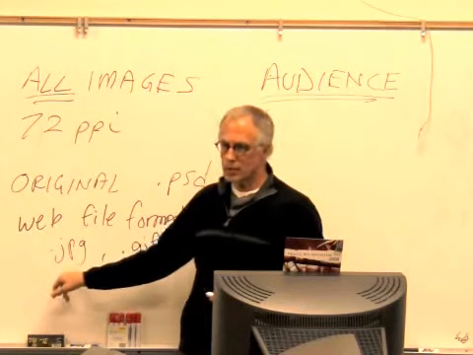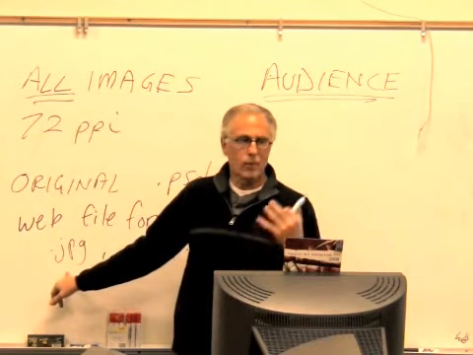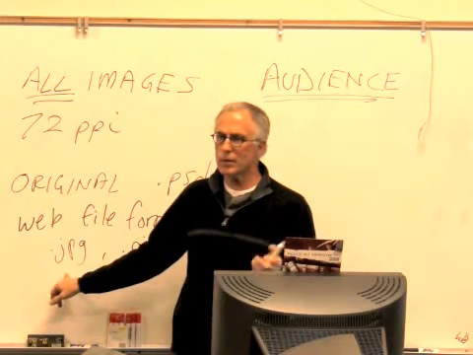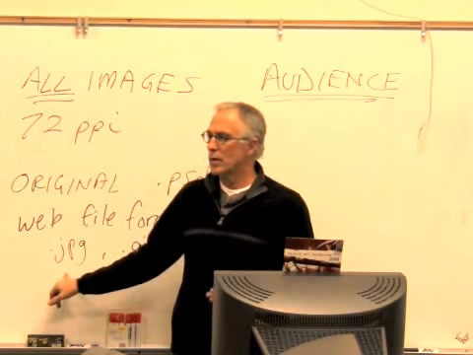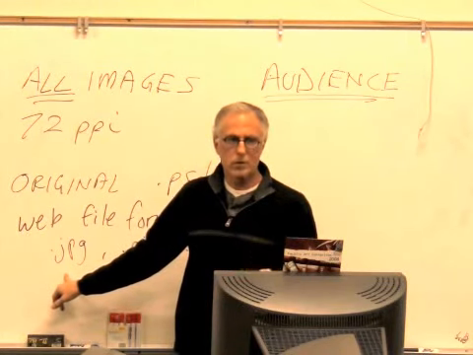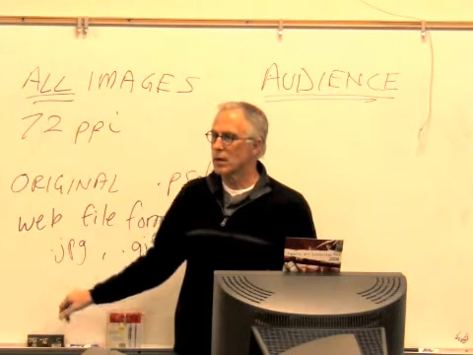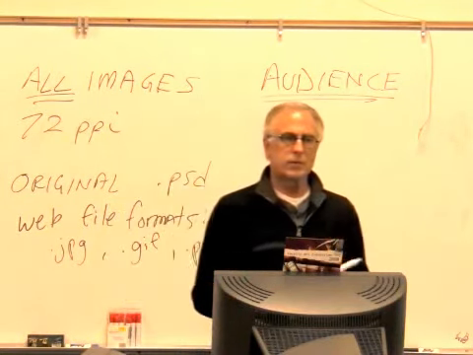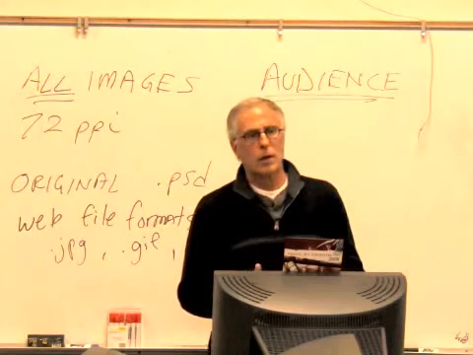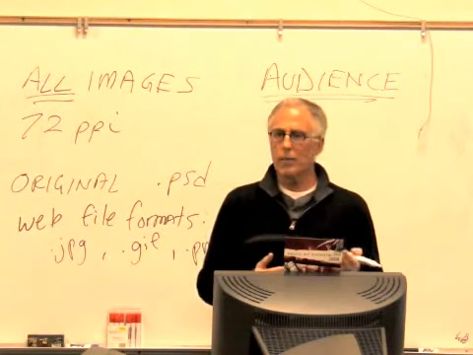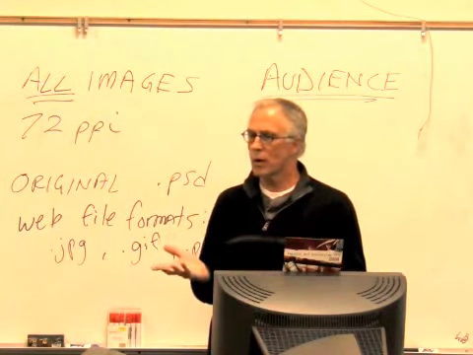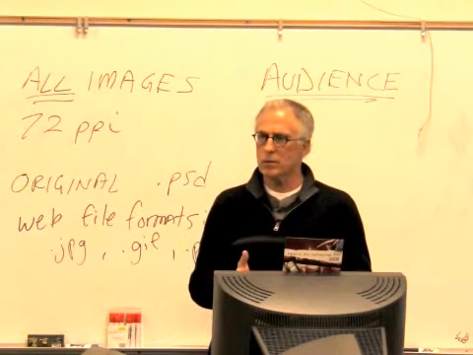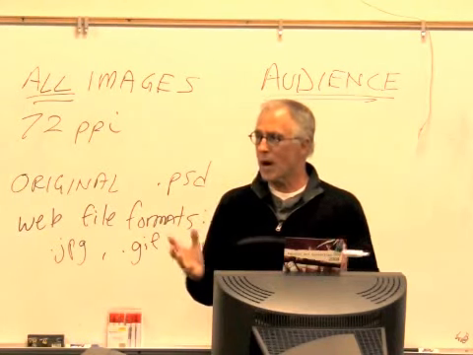You never JPEG a JPEG, meaning when you open up a JPEG and save it again as a JPEG, over a period of time there will be a degradation in quality of that image because it's a compressed file format. You may have noticed that when you save an image as a JPEG, it gives you an option: do you want high, medium, or low quality? High quality means there's less compression. Low quality means there's high compression.